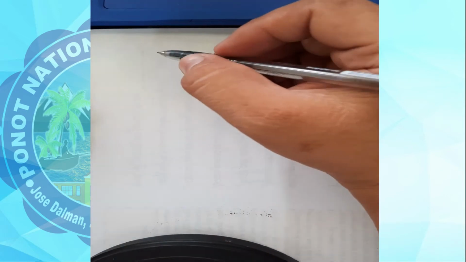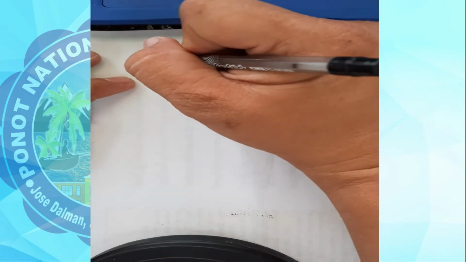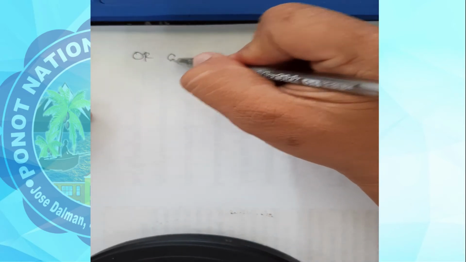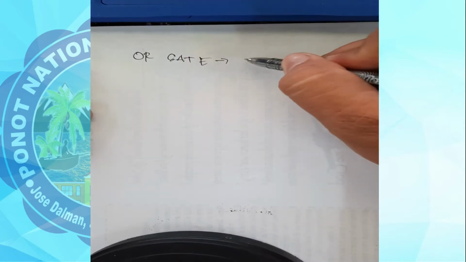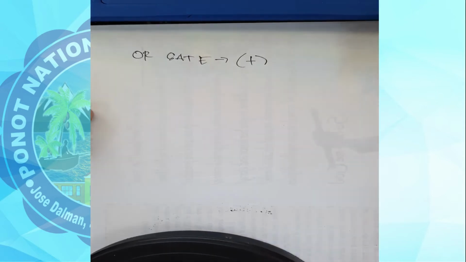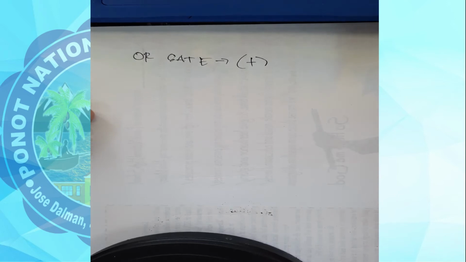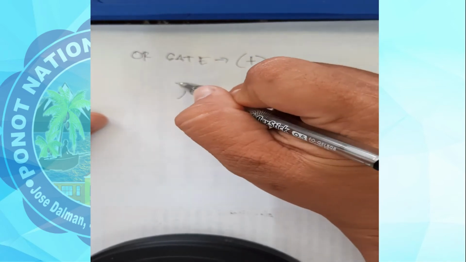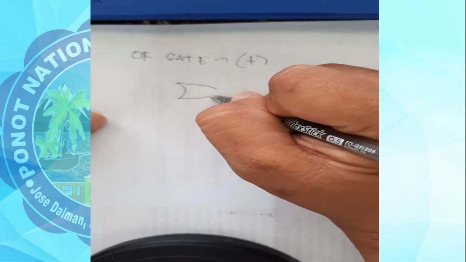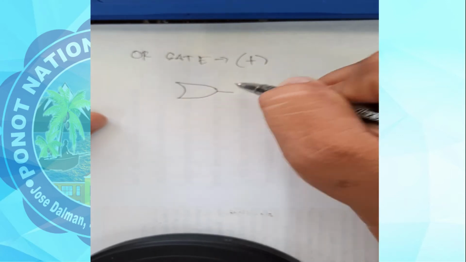So our next logic gate is the OR gate. So sa OR gate, we use a plus sign to indicate an OR gate. So the symbol for OR gate is something like this one. Okay, browse lang tayo sa internet.